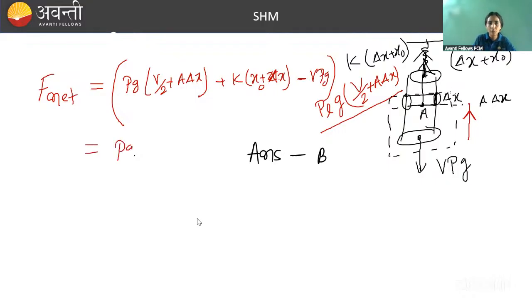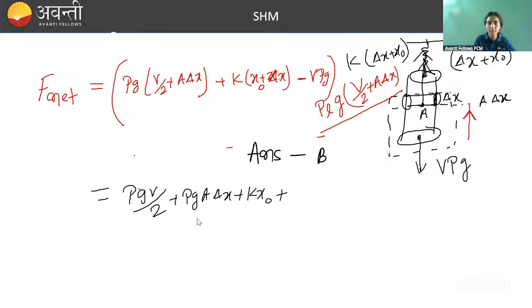इसको अगर आप ब्रेक करोगे, you can clearly see here rho L g V by 2 plus rho L g A delta x plus k x naught plus k delta x minus V rho g. चलो एक काम करती हूँ, मैं बहुत ज्यादा क्रैम्प्ड लिख रही हूँ. Should look clear, right? Let me write it fast. अब आप देखो कौन किससे कैंसिल हो जाएगा.